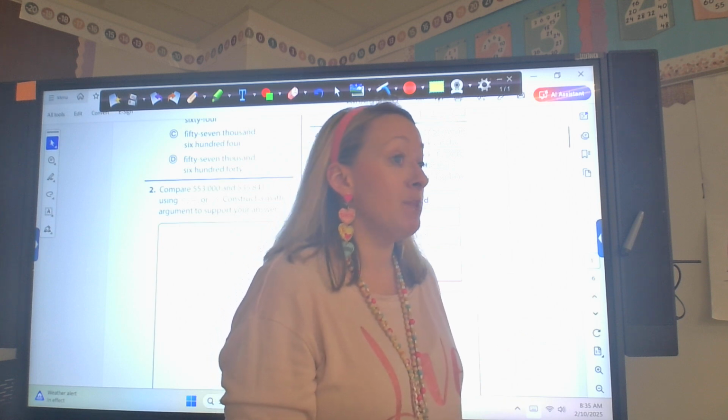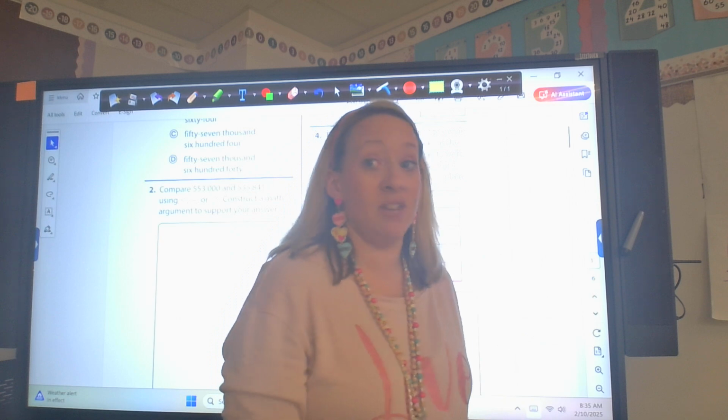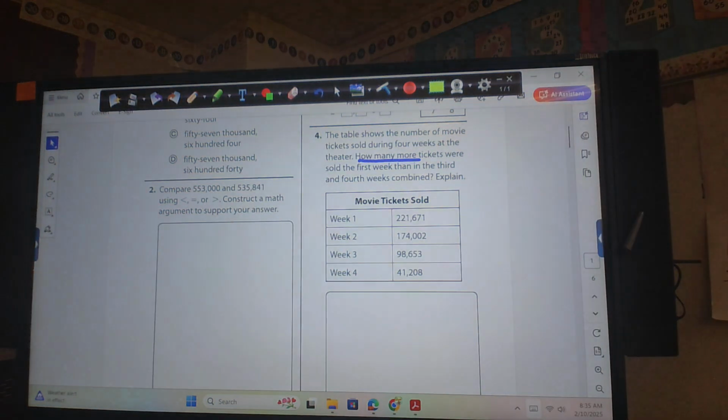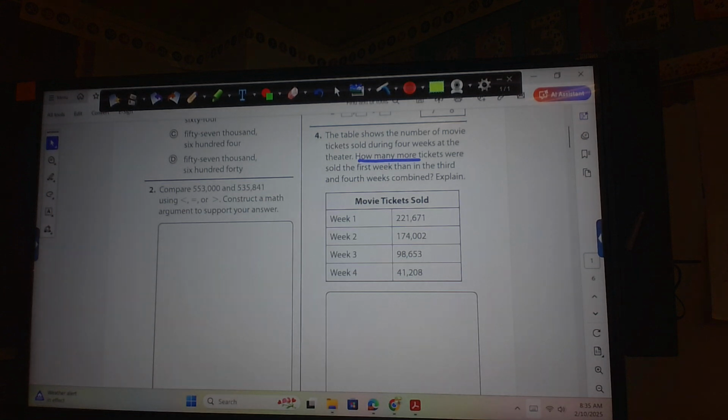You're finding the difference between those two numbers, so it's subtraction. Anytime you see how many more pencils does Connor have than Lillian? He has 2 and she has 1. How many more does he have than her? How did you find that out? 2 minus 1, right? Yeah.